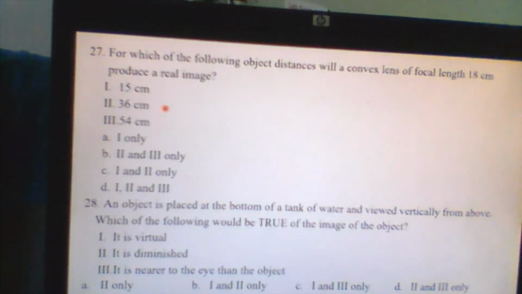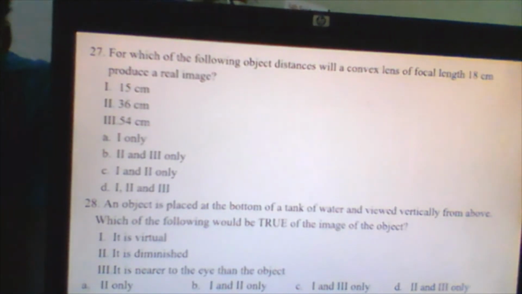And for III, 54 centimeters, that is beyond the second principal focus, and an object that is placed beyond the second principal focus actually creates a real image that is smaller. Good. So for number 27, the most appropriate answer there will be B.